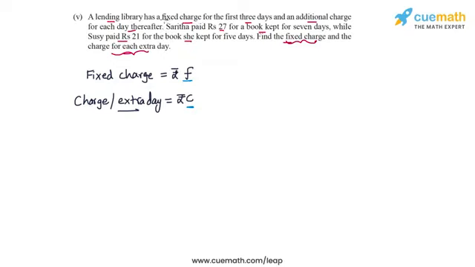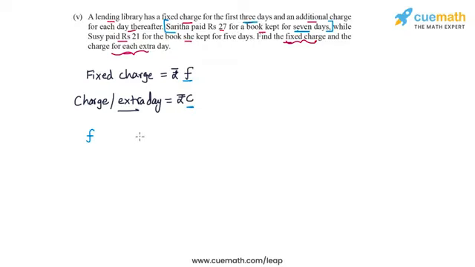The first piece of information is Sarita paid 27 rupees for a book she kept for 7 days. Now for a book she kept for 7 days, she would have to pay rupees F as the fixed charge for the first 3 days, and then she kept it for an extra 4 days. So she kept it for 7 days, and this is 4 more than the first 3 days.